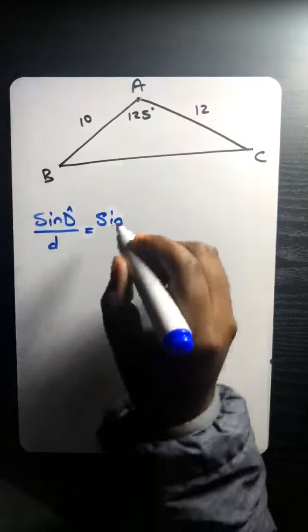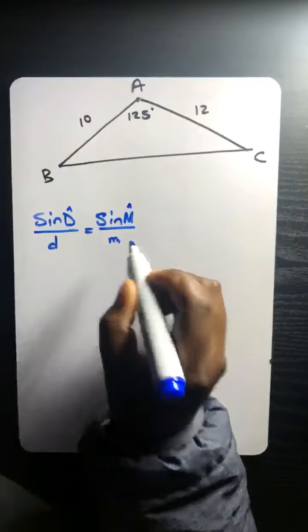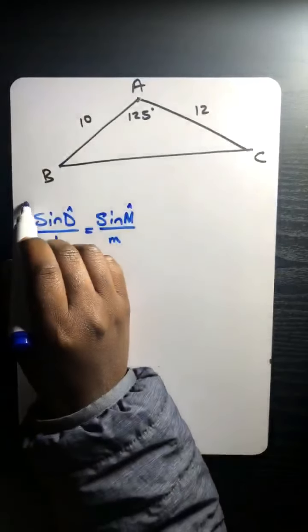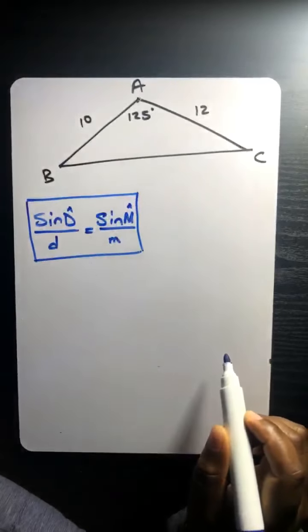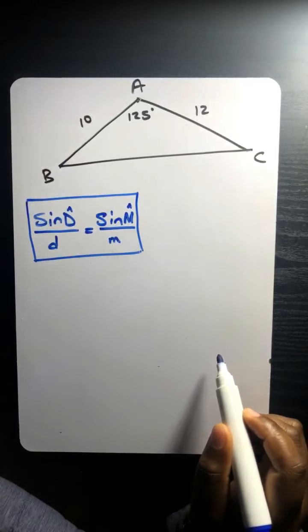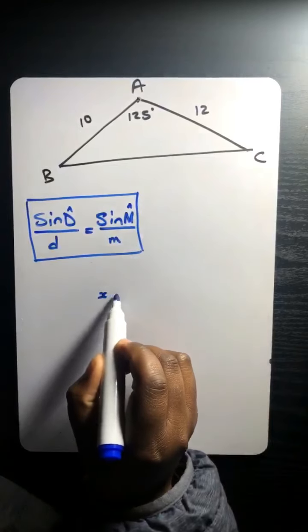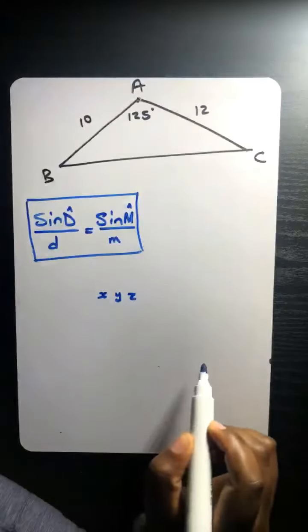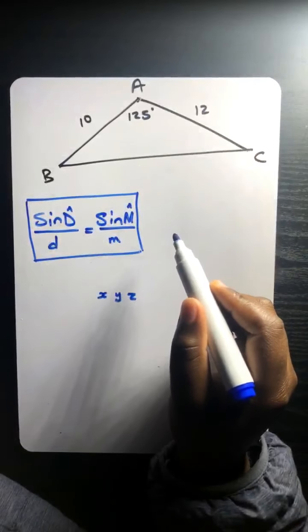So I'm going to use angle M over small letter m. So this is just the general formula for the sine rule. Quickly, let me make use of letters X, Y, and Z to write the general formula for the cosine rule.